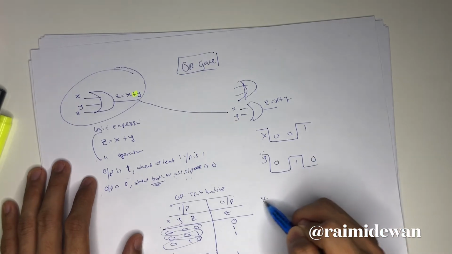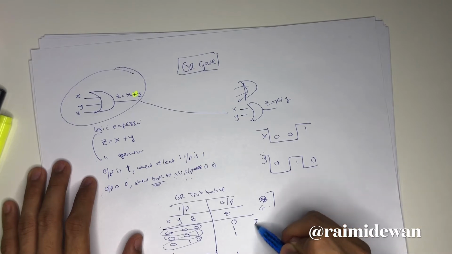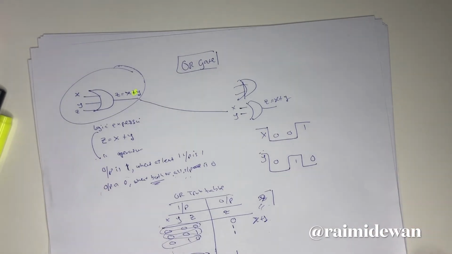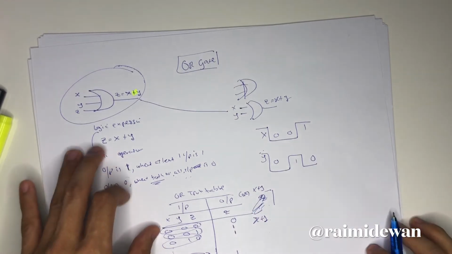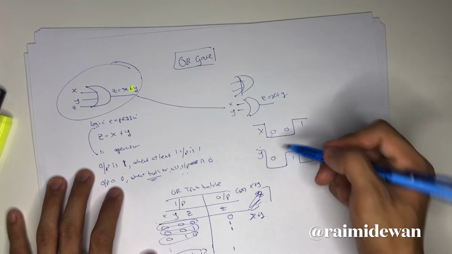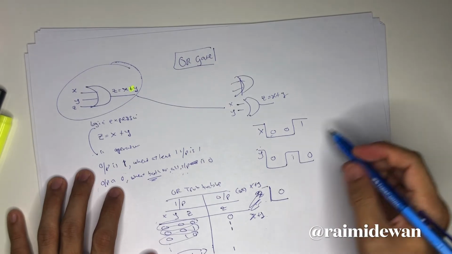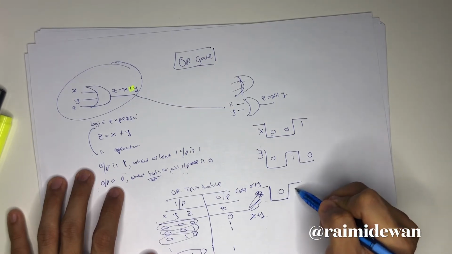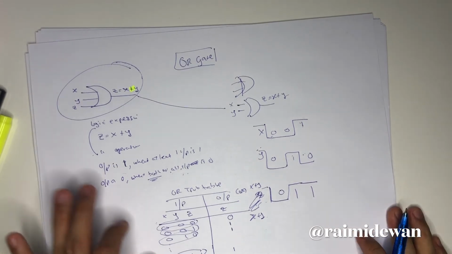What is your Z? You know Z is X plus Y, for the OR operation. For 0, 0, because all are 0, your output should be 0. For this one, at least one input is 1, so you have 1 already. And the same here, at least one input is 1, so you continue to have 1. So far so good.